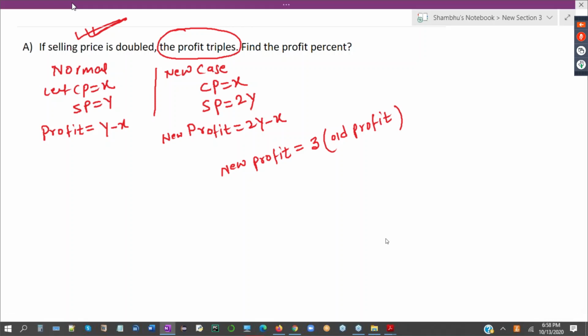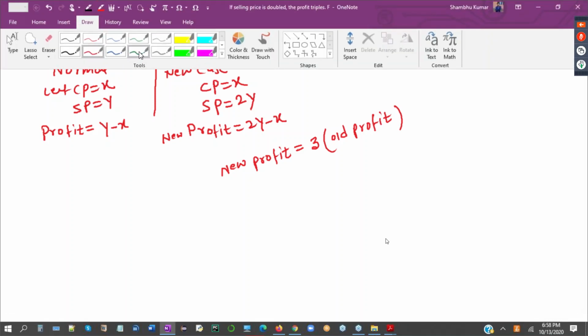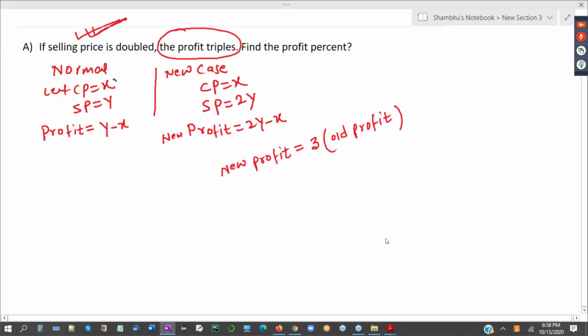Any doubt, anyone? It is all just assumption. I just assumed let CP be X rupees and SP be Y rupees. Then normally profit will be selling price minus cost price. But in the question, it is said that selling price is going to be doubled.